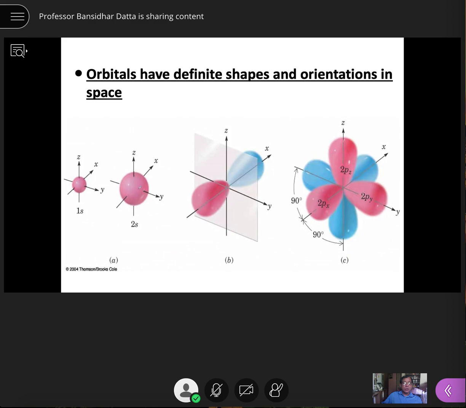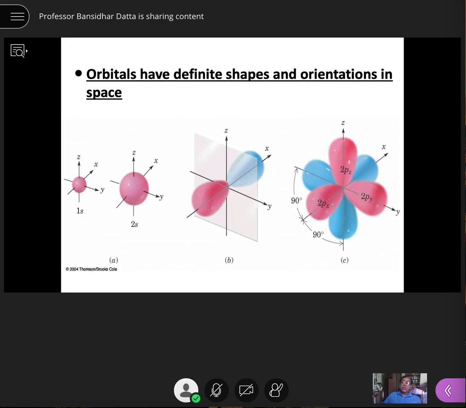It can hold 2 electrons. Then that's a p, your 2p or 3p or 4p. Any kind of p subshell is split like this. It could have a px x-axis, a py axis, and a pz axis.